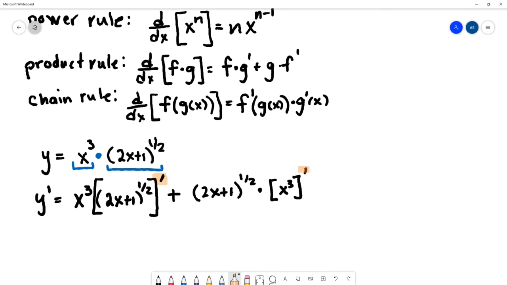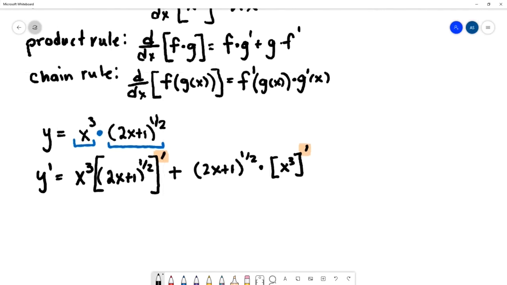I need to calculate the derivative of 2x plus 1 to the 1/2 power, and also the derivative of x cubed. For the derivative of 2x plus 1 to the 1/2 power, I need to use the chain rule because it's the composition of two functions.